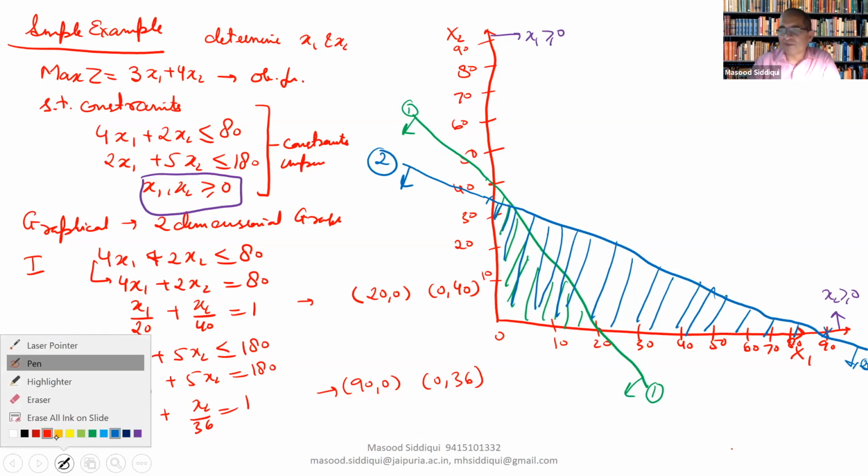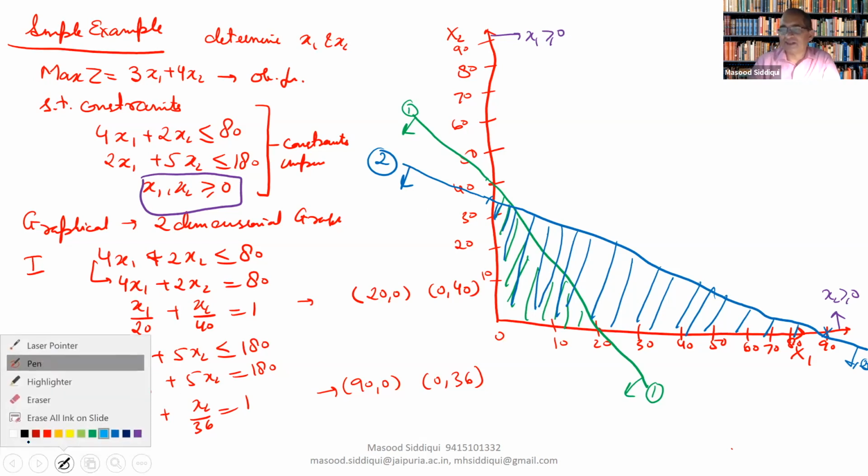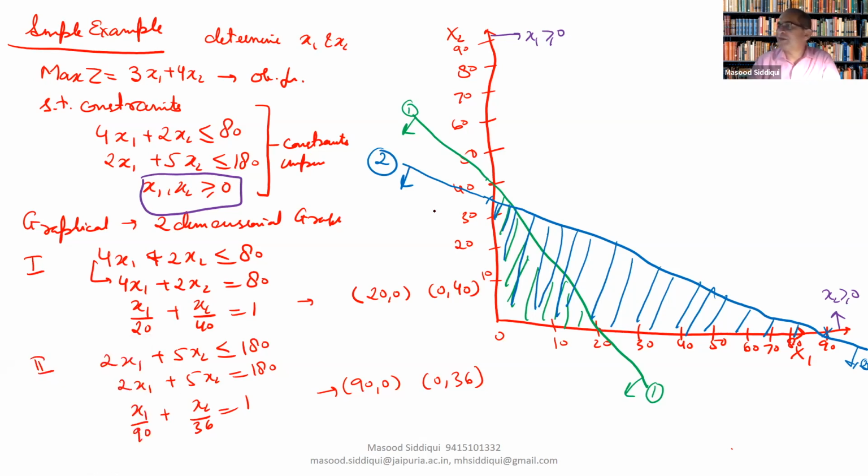So here the common part is this part. Okay, this is the common part.